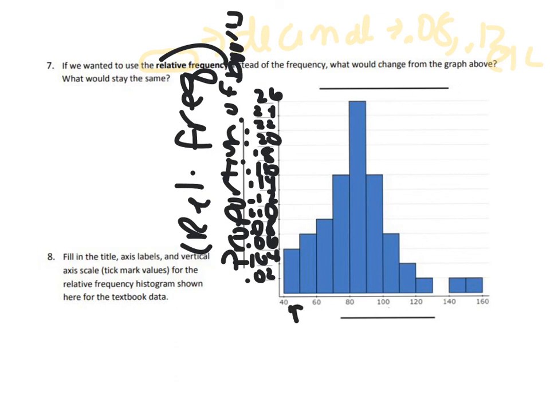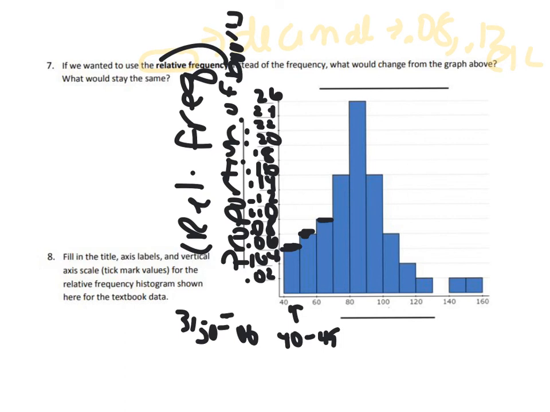this one right here, so from 40 to 49, if I go back on my chart, I had 3 divided by 50, which was 0.06. So that's how I know that this line went up to the 0.06. And then the next one was 4, which was 0.08, and then 0.10.